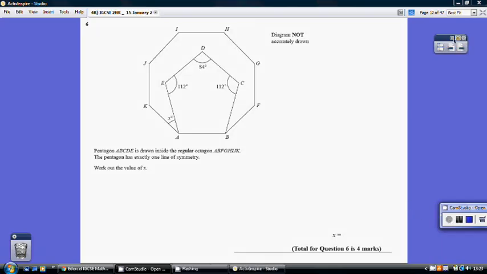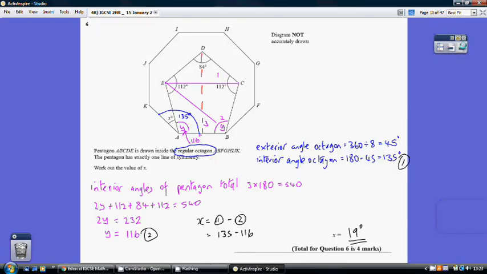Question 6. I've started off by working out the size of the interior angles of our regular octagon. Now it's a regular shape, so exterior angles always add up to 360, and because it's an 8-sided shape, each exterior angle is going to be 360 divided by 8, which is 45 degrees.